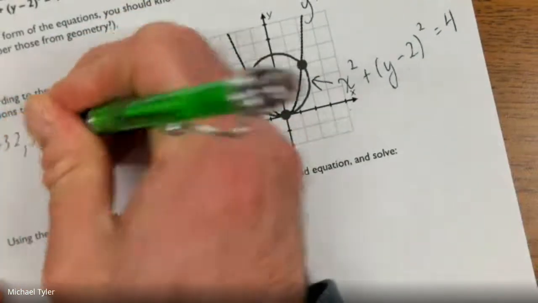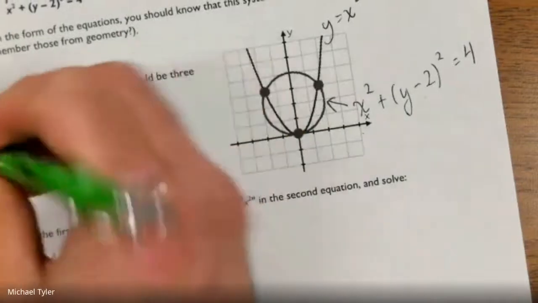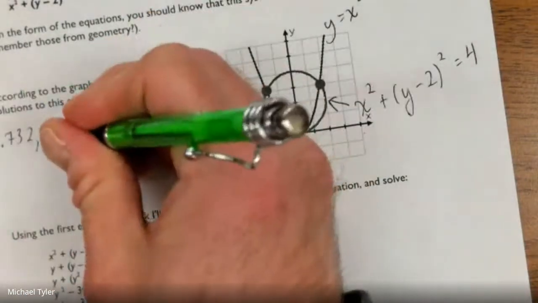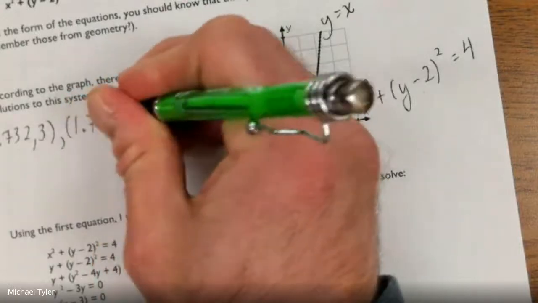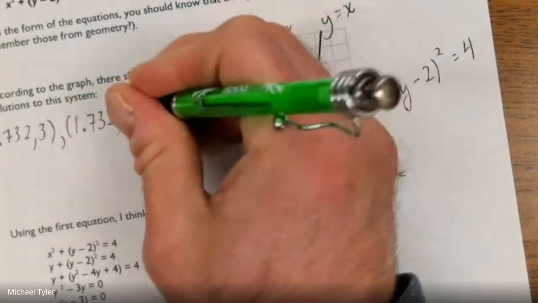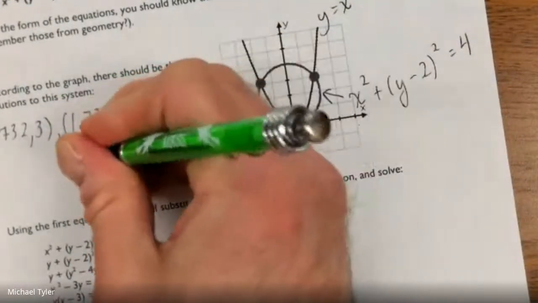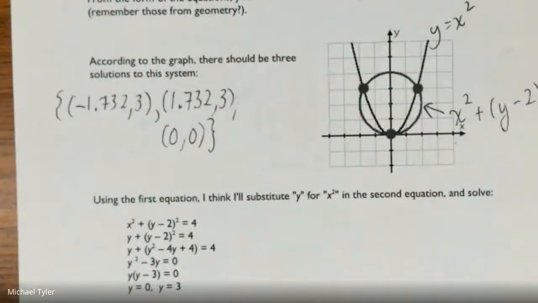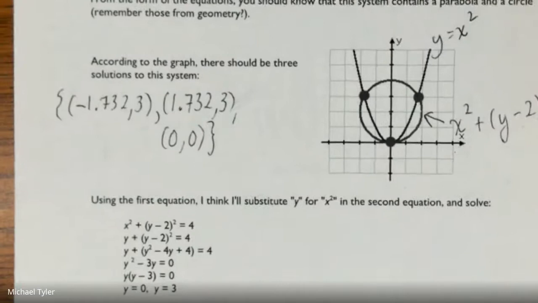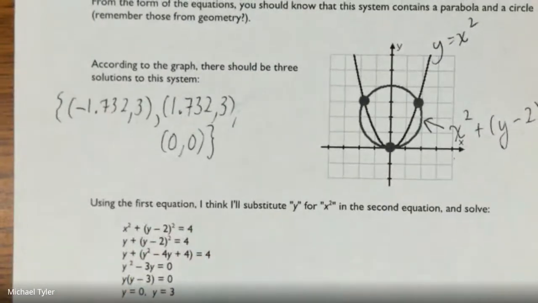Now remember, the decimals there are estimates or approximations, so they're not exact answers. Square root of 3 would be the exact answer. So these are our 3 answers right there. And really, that's how you do that type of problem.